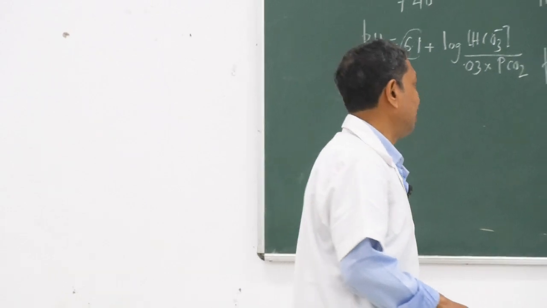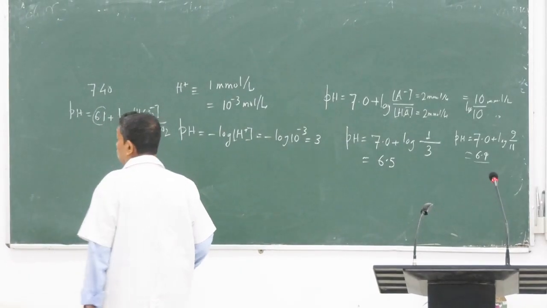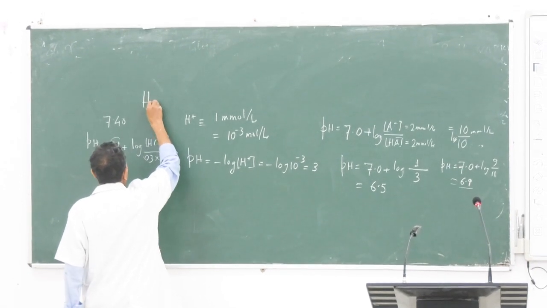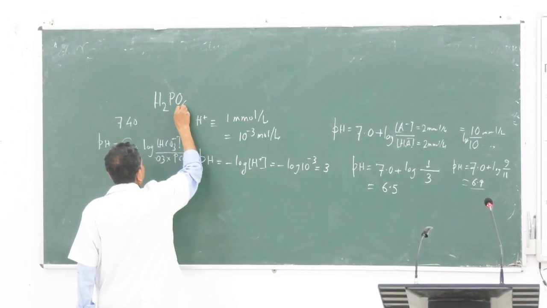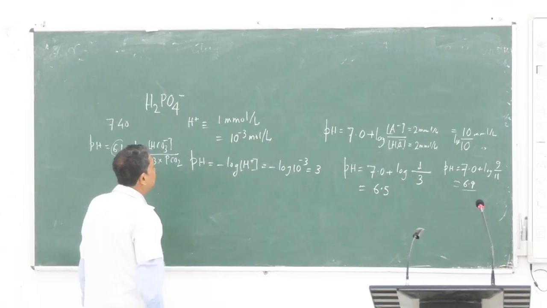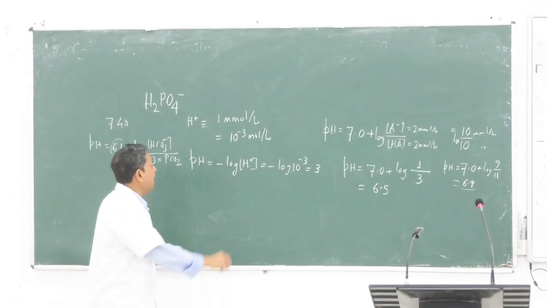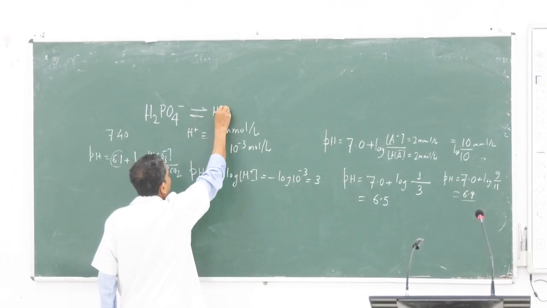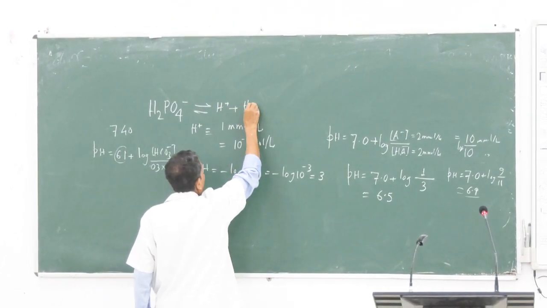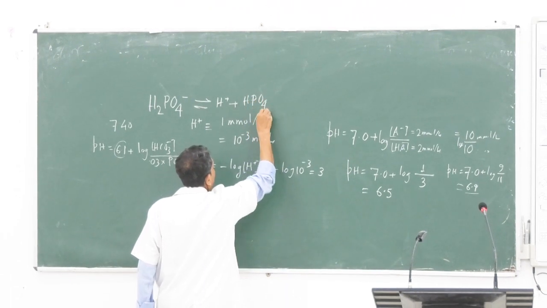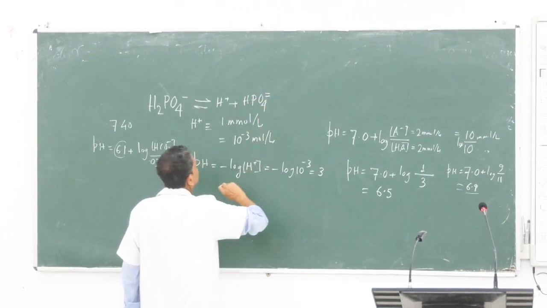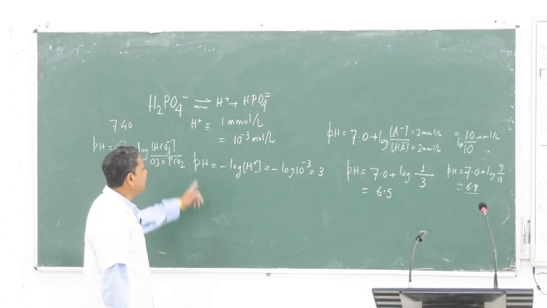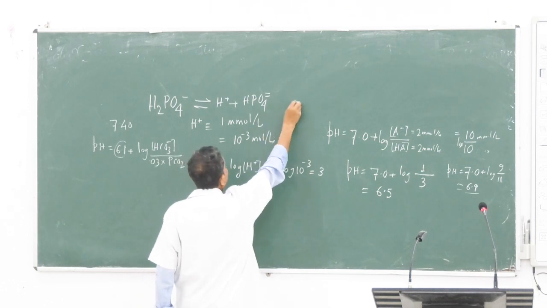Suppose the phosphate buffer, present in low concentration. Phosphate buffer, that is H2PO4 minus. It is the monobasic acid, and it is then split into H plus and HPO4 2 minus, in this way, dibasic, and in this case the pK is 6.8.